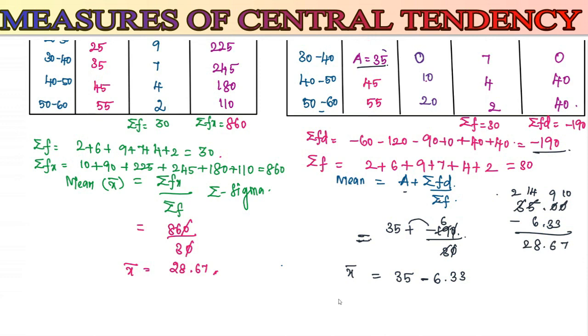So the final answer X bar is equal to 28.67.